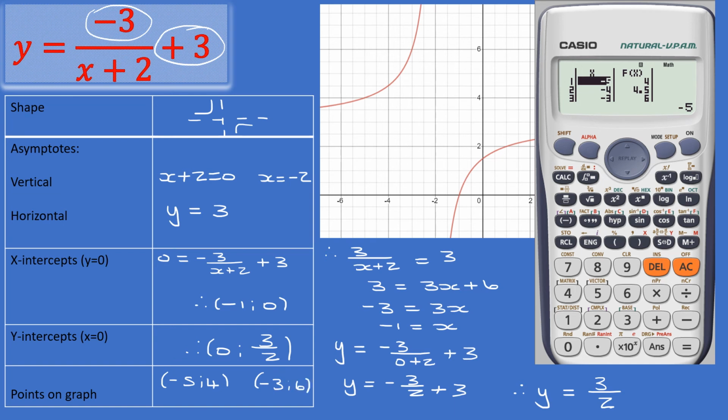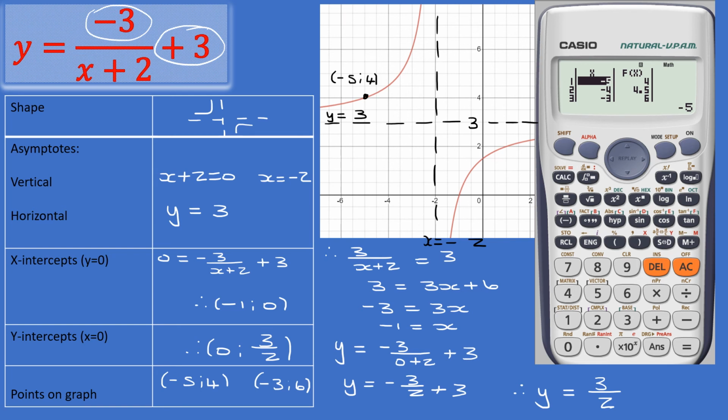So over here when we draw it, so y equals 3, dotted line through y equals 3. So just remember to label it, and then x is negative 2. As you can see, the shape there in the second and the fourth quadrant, and then you can go -5 and 4 over here.